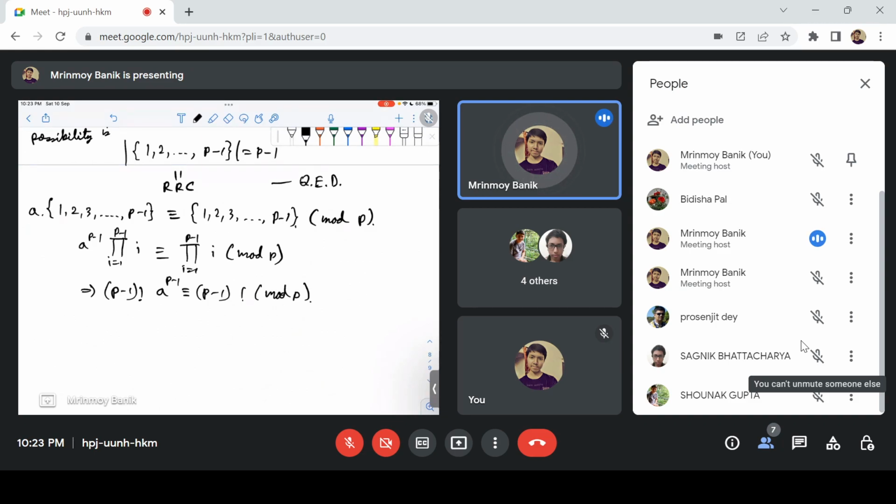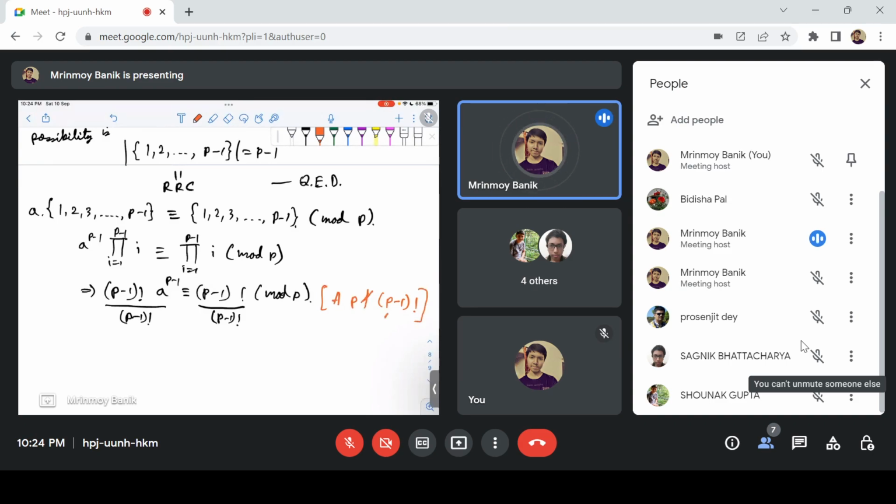Now if you remember the division rule, we can divide P minus 1 factorial on both sides. This is a condition that you have to ensure: that the divisor P doesn't divide the thing that we're dividing on both sides, that is P minus 1 factorial, which is true since P doesn't divide P minus 1 factorial. Why is that true?